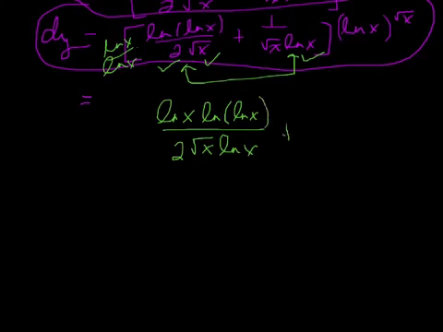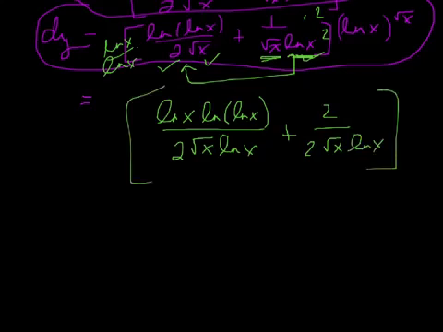All right, the second fraction, you have the square root of x, you have the natural log, you're missing the 2. So you multiply top and bottom by 2, and you get 2 times the square root of x times natural log of x. Okay, all of that is being multiplied over here times the natural log of x in parentheses to the square root of x power.